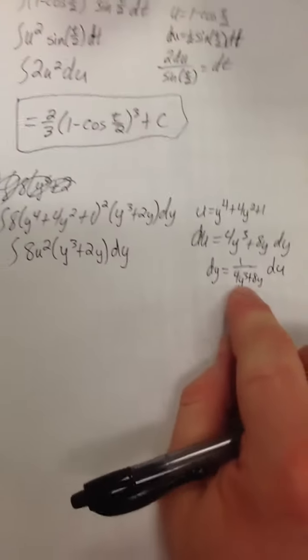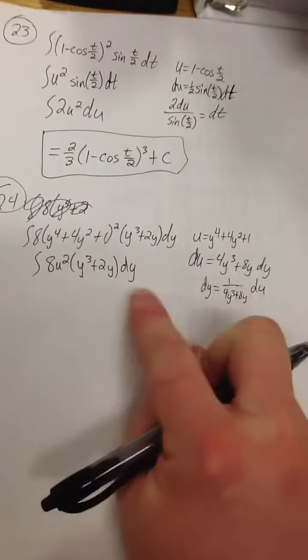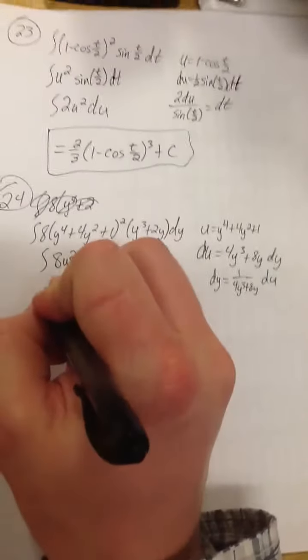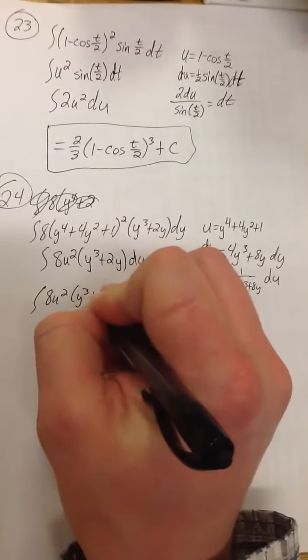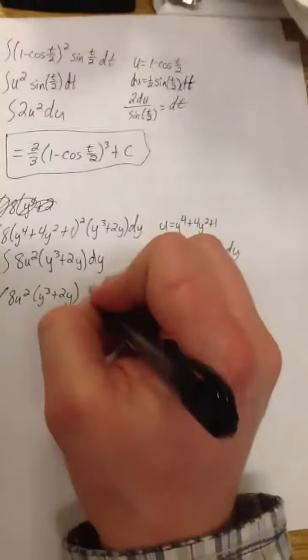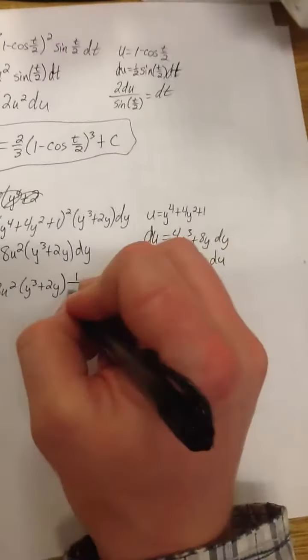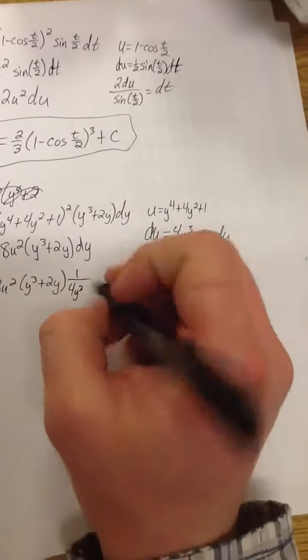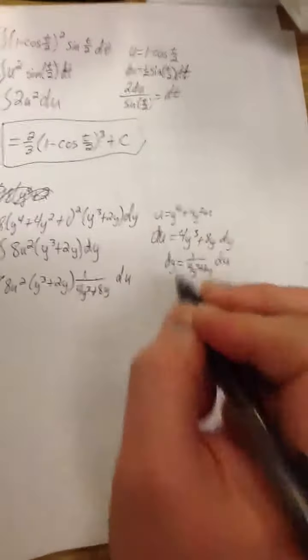You might already see what's going to happen here. If not, plug that in for dy, so I'll have 8u squared times y to the third plus 2y times dy, which is this, 1 over, what is it? 4y to the third plus 8y du.